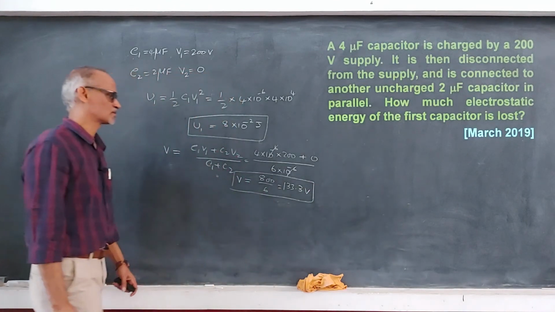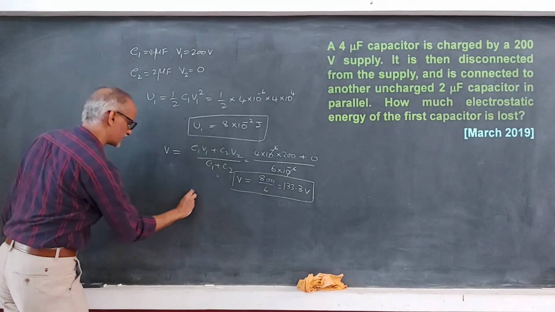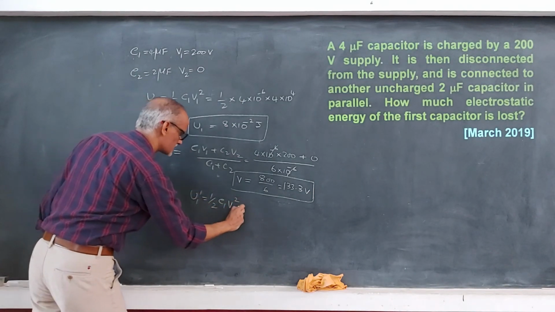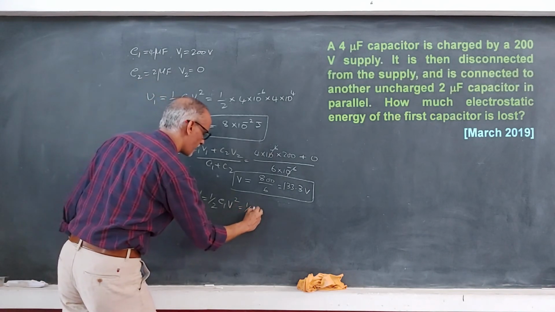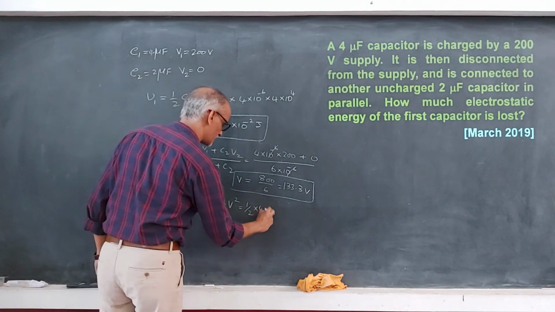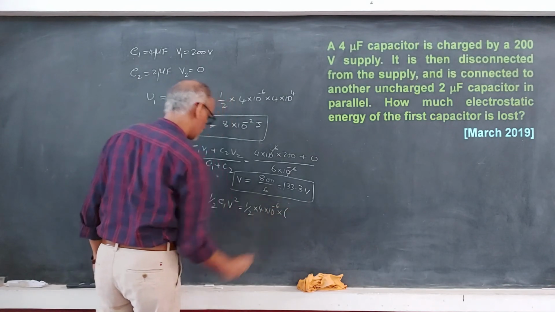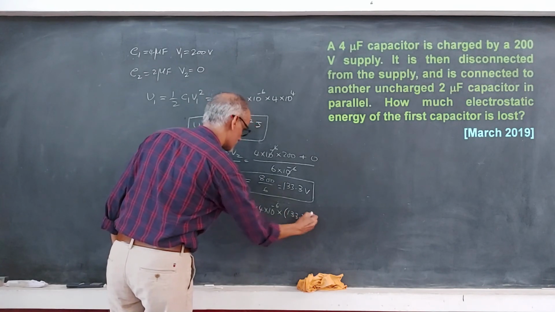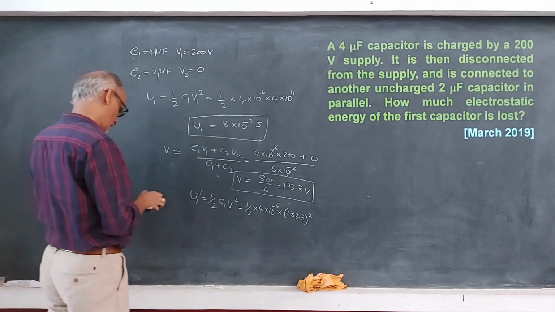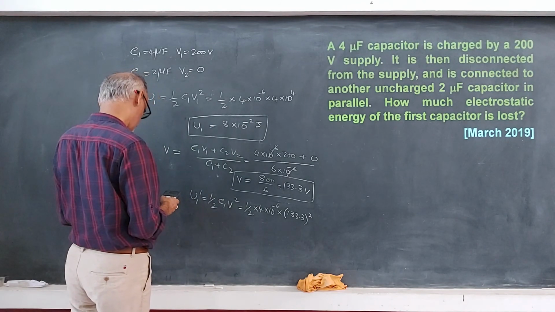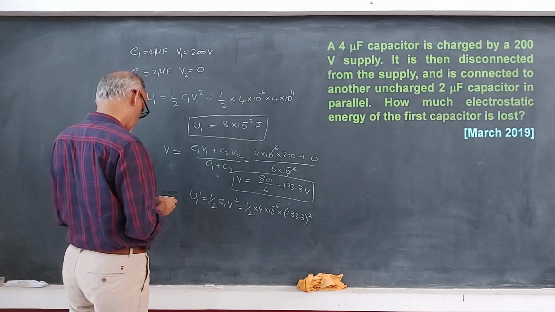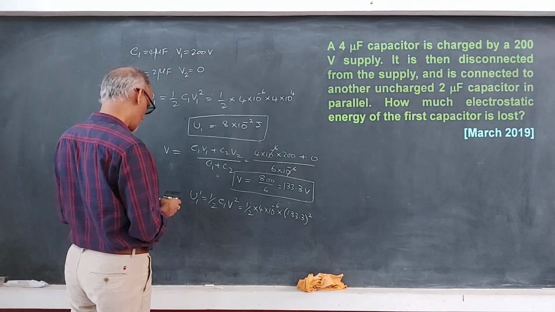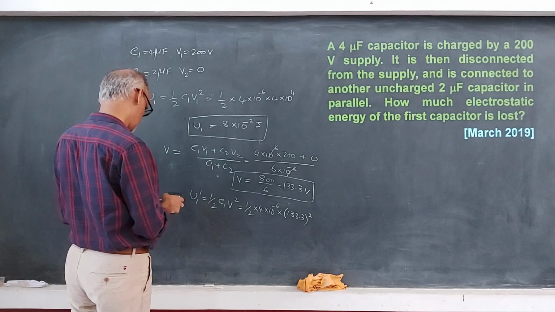Now, let us find the energy stored in the first capacitor after they are connected in parallel, which is U1 dash. Half C1 V square, half, C1 is 4 micro, 4 into 10 to the power minus 6, into the value V is 133.3 the whole square, then into 2 to the power minus 6.